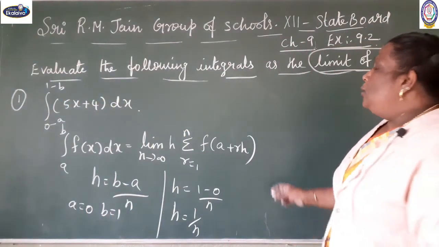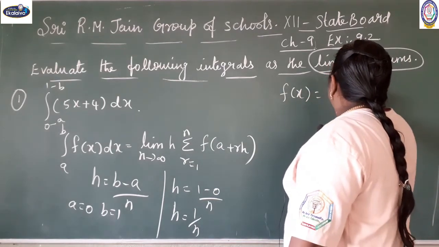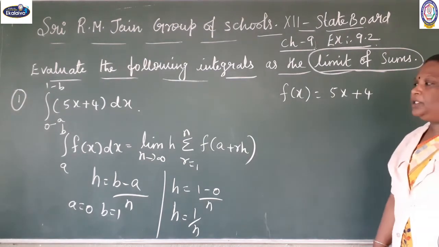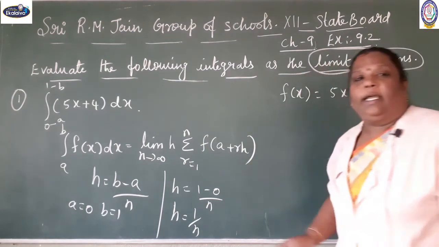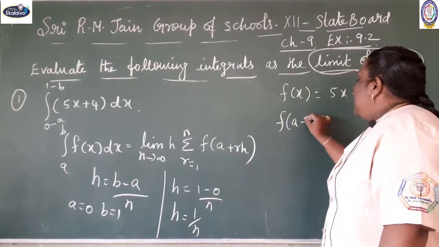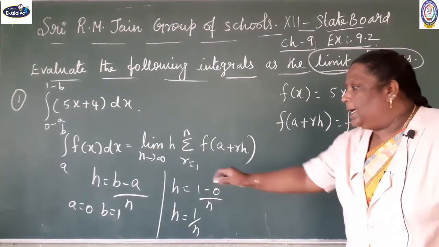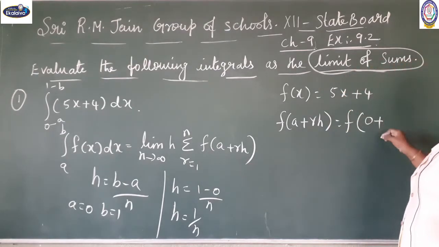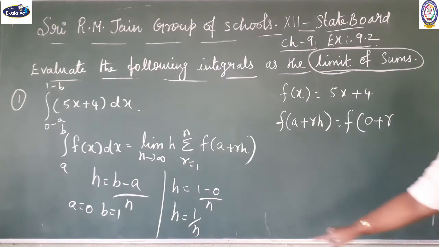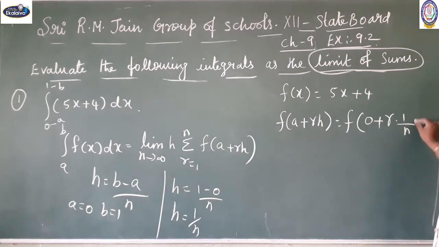So what is the value of f of x? f of x equals 5x plus 4. But here it is given as f of a plus rh. What is the value of a? 0 plus r into h, and the value of h is 1 by n.